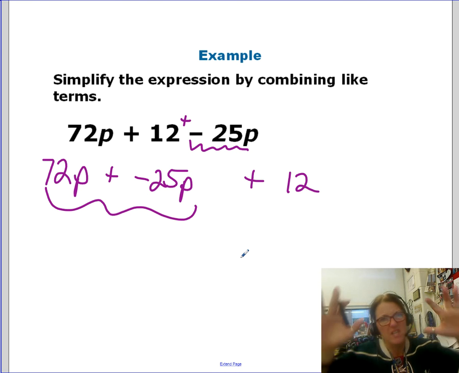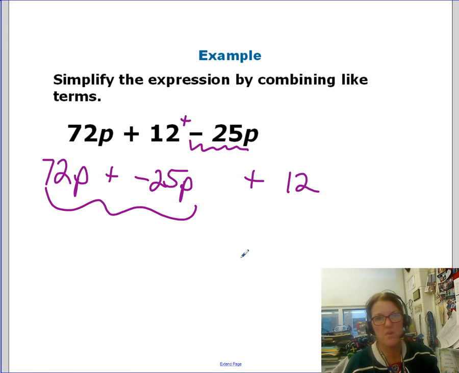What we're kind of doing is like condensing or smushing this expression from 3 terms. I can combine into 2 because these 2 will combine.